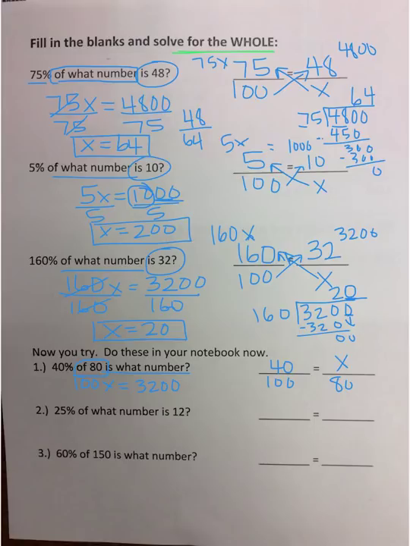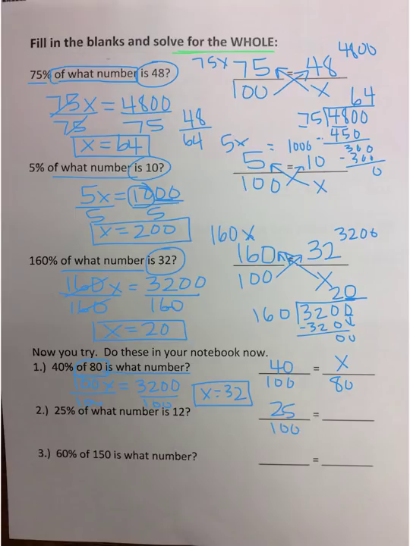Divide both sides by 100. You have more room than I do probably. Maybe it's a little squished. X equals 32. That means 32 out of 80 would be a 40%.